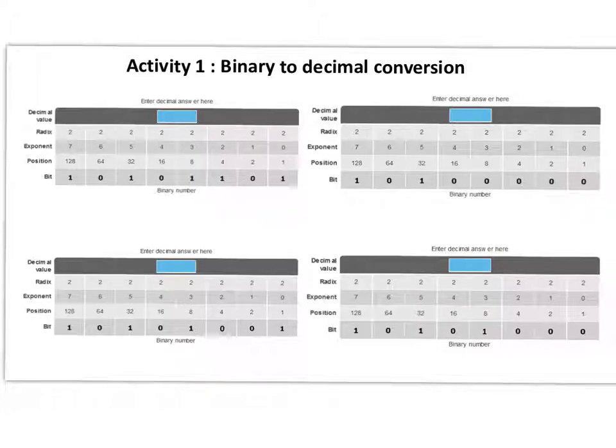So to start, we need to refresh the binary to decimal conversion and the decimal to binary, because the notation that we use for IPs is the dotted decimal notation. Each byte in the IP address is represented using its decimal representation.